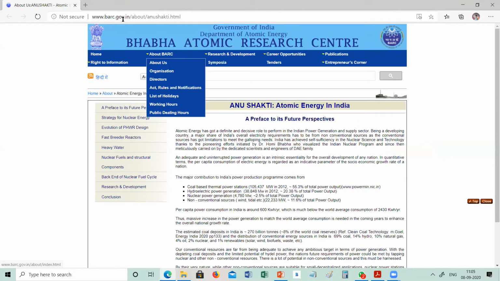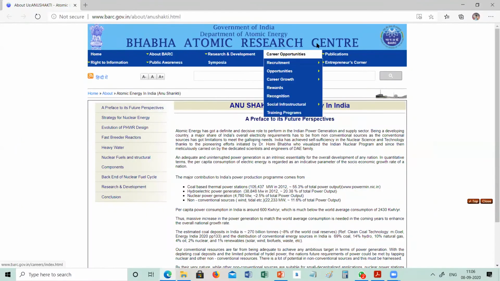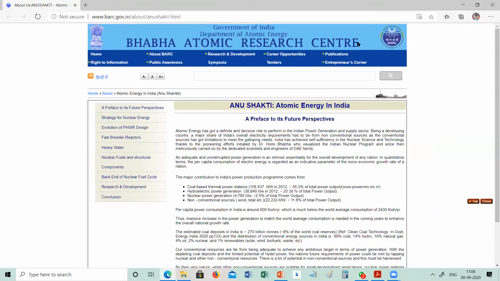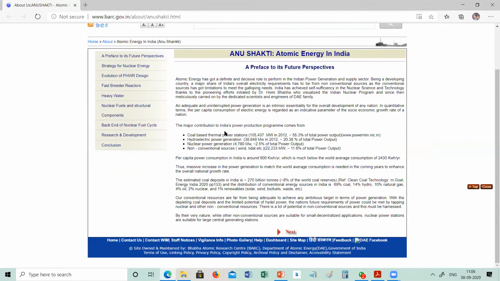On the website of BARC, the Bhabha Atomic Research Center, the name is given after the scientist Homi Bhabha. Here you can read all this information. In the first slide they have given information about the current scenario.